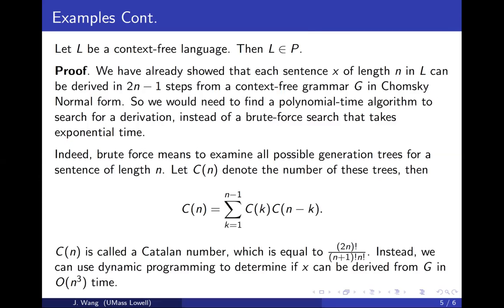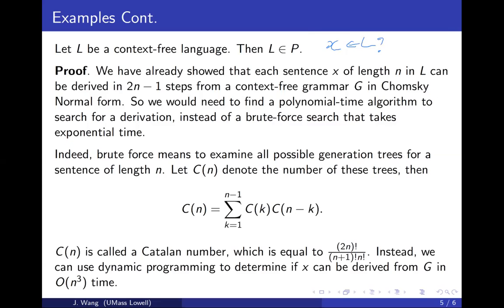Next we're going to see another example. Let L be a context-free language, then L is in P. In other words, we can determine whether a given instance x is in L or not in polynomial time. So why is this in P?